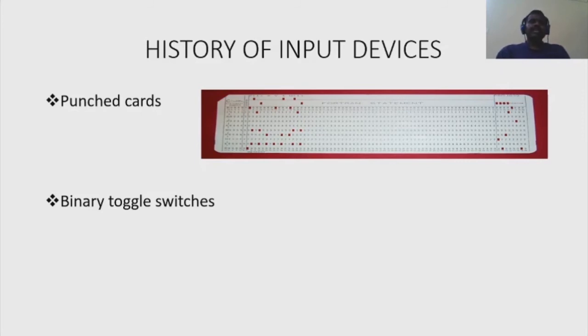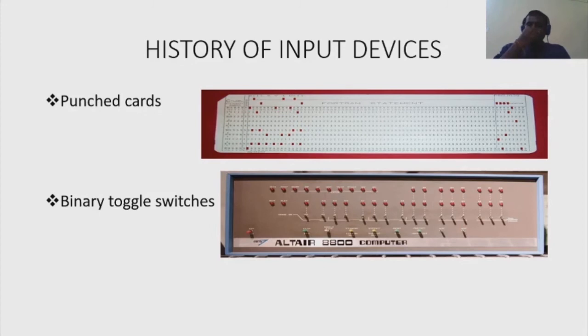Next, the binary toggle switches. Here you can see the Altair 8800 computer. This is a computer which used binary toggle switches. Binary here means consisting of only zeros and ones. As we know, a computer is capable of understanding only zeros and ones. Zero means zero voltage, and one means anything other than zero voltage.